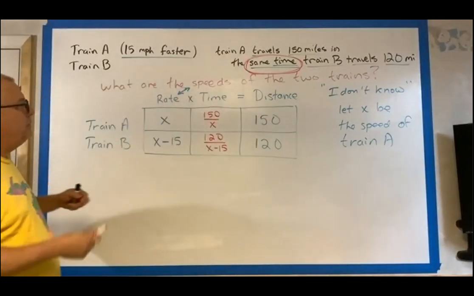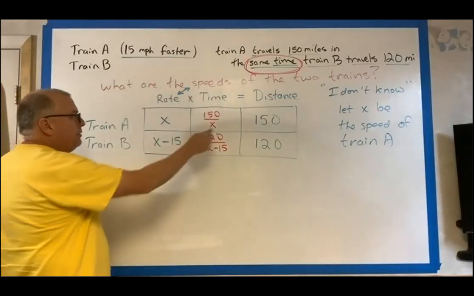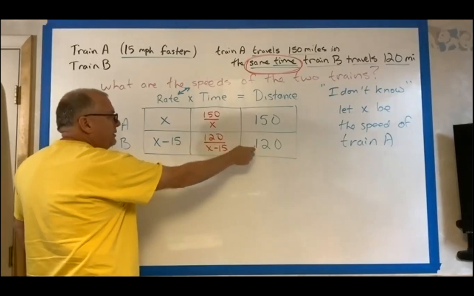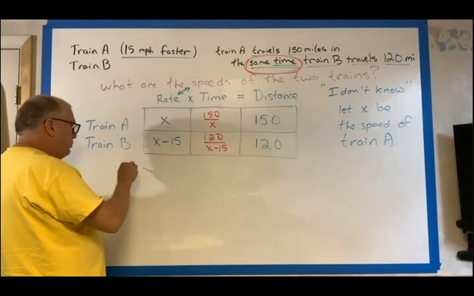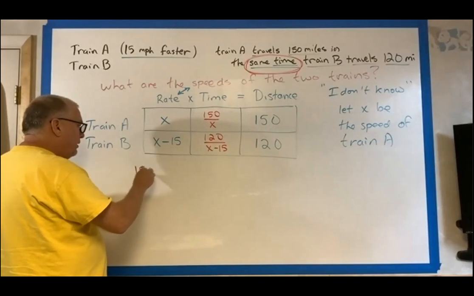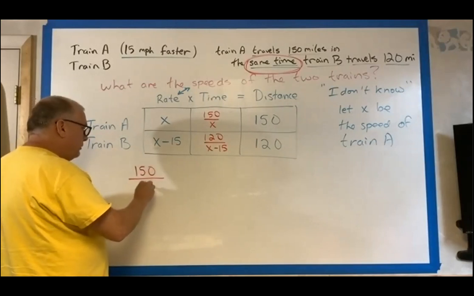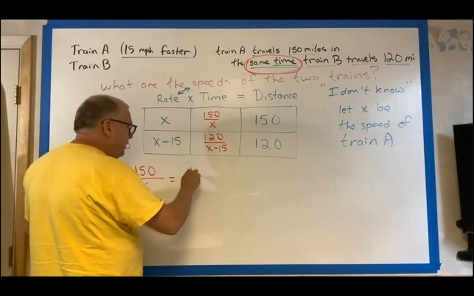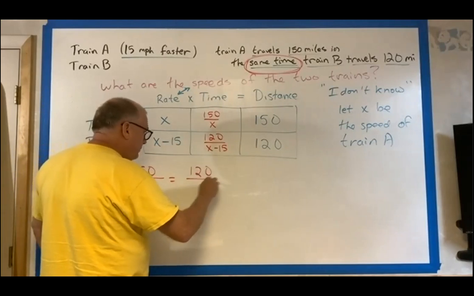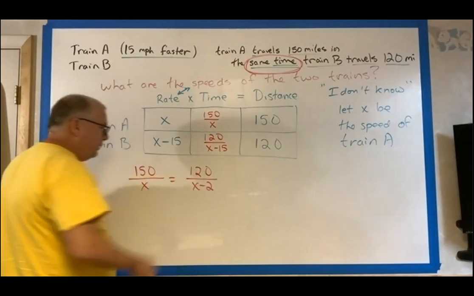So let's use this idea of same time. This train does 150 miles in the same time this train does 120, so I can make these two equal to each other. It's not a big rational equation, but it's a rational equation.